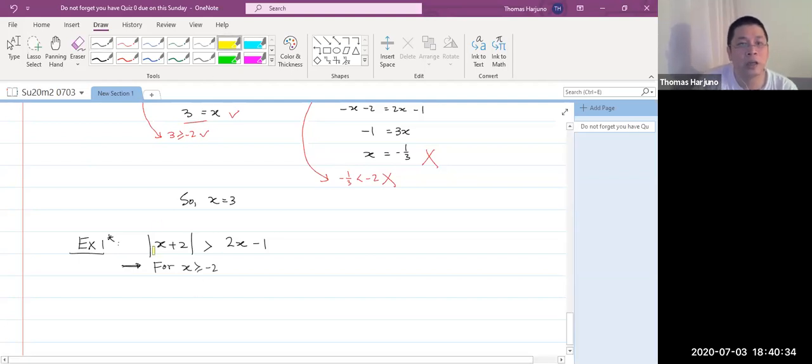Now, when the guy inside the absolute value is positive, then we can take off the absolute value for free. So we say x plus 2 is greater than 2x minus 1. 3 is greater than x, so x is less than 3. Now you combine that together with this.